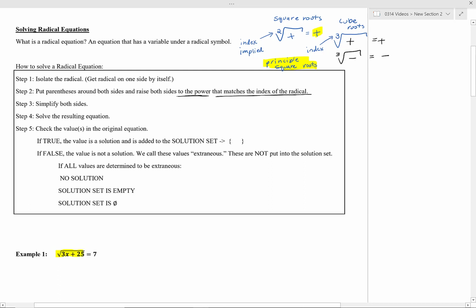We have the square root and everything underneath it. There's nothing in front of the square root and nothing behind it. So when we say isolate the radical, we want the radical symbol completely alone. There's stuff underneath it, but there can't be anything in front of the radical symbol or behind it. So step 1 is actually already done for us.